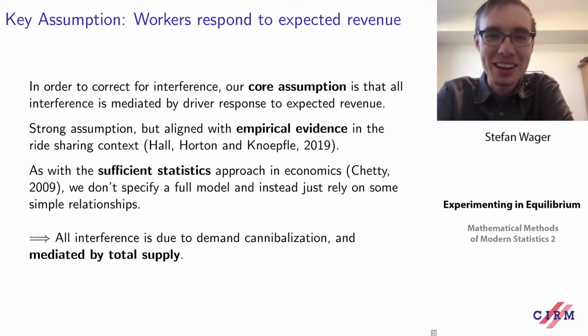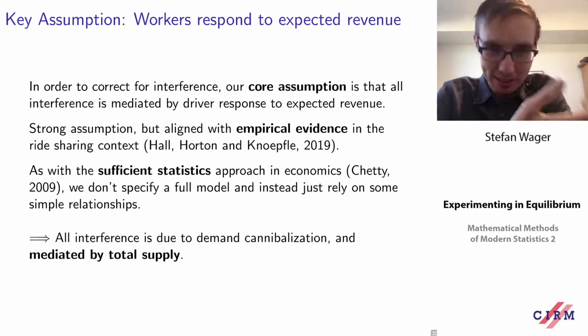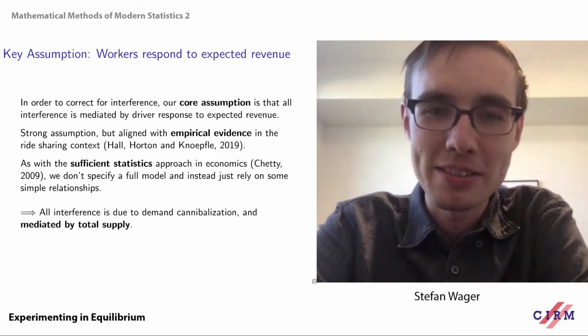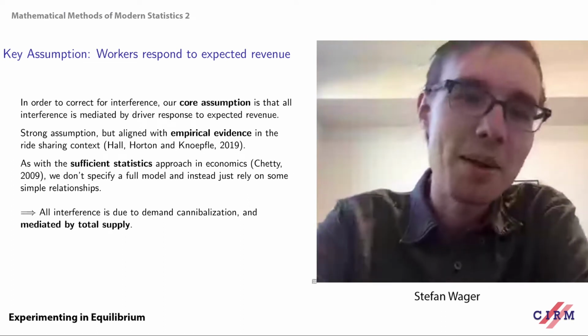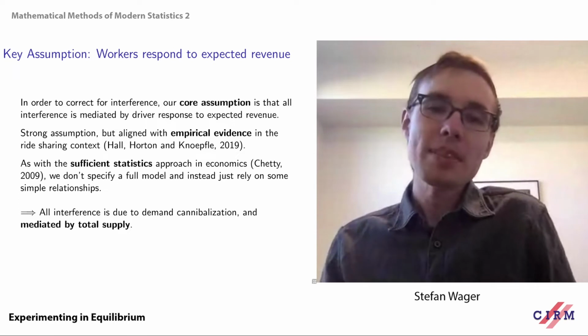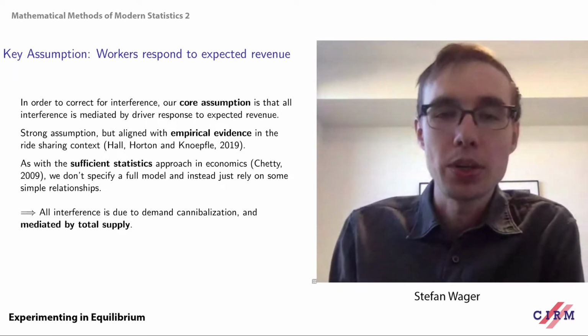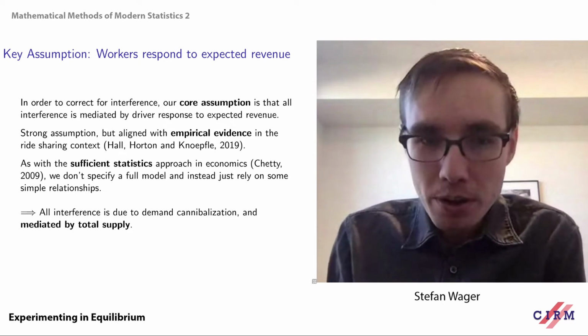I've often talked about this in the context of ride sharing, which is a good motivating example, at least for me, because it's a problem space that many of us have personal experience with. But anyways, the interference is mediated by the assumption that each worker responds to expected revenue.